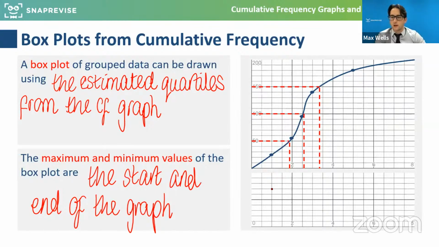Okay, cool. So let's have a little look. Now, I'll put that here. So what I'm doing is I'm using, hopefully we can see this, I'm sure some of you are familiar with this stuff, the actual estimated values from the cumulative frequency to give us those values on the box plot.